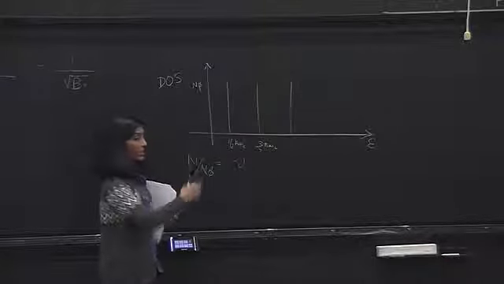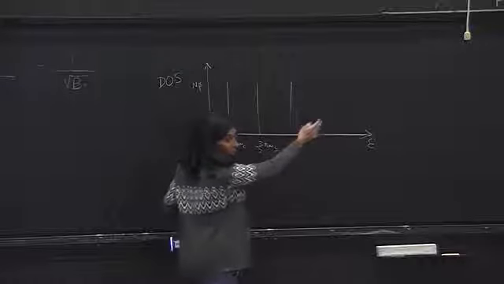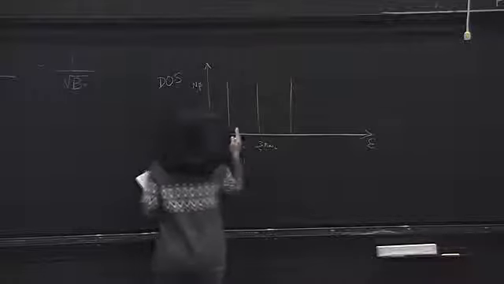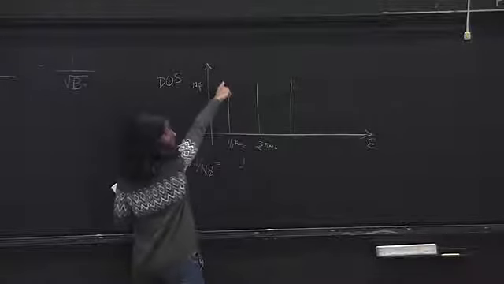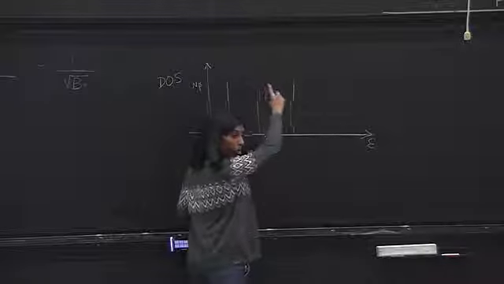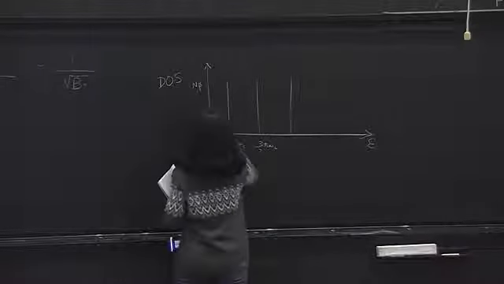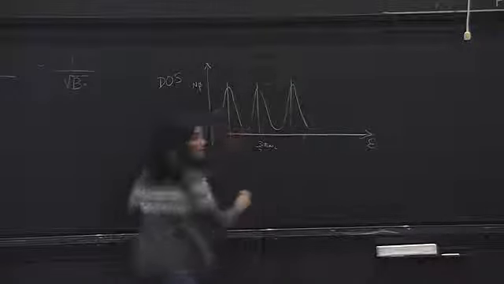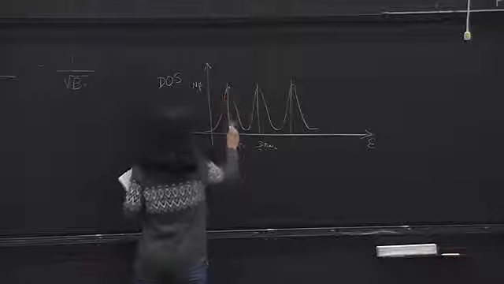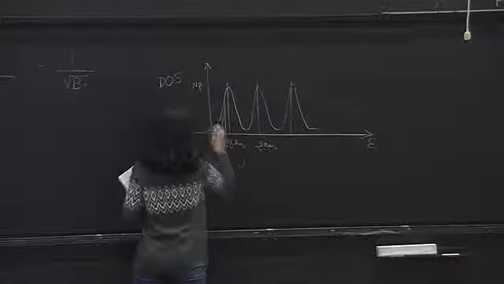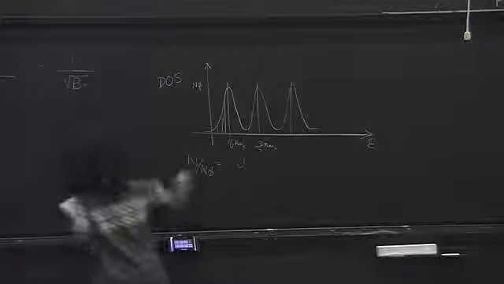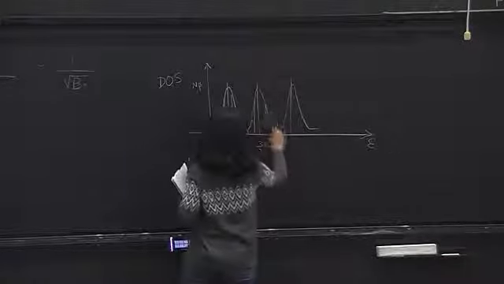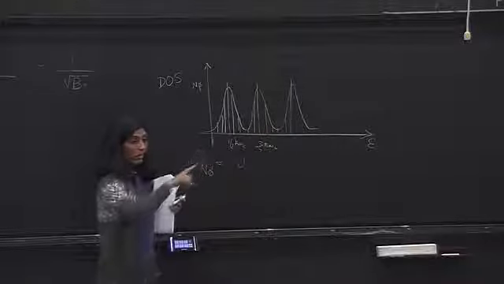Another way to say it is that without disorder, you cannot change the density of the system continuously, because as soon as the energy is here, suddenly you populate the entire Landau level. And you go here, suddenly you populate the entire Landau level. What disorder does is it smears out this density of states, such that except at the center here, everything below the center consists of localized states, like the picture that we drew.